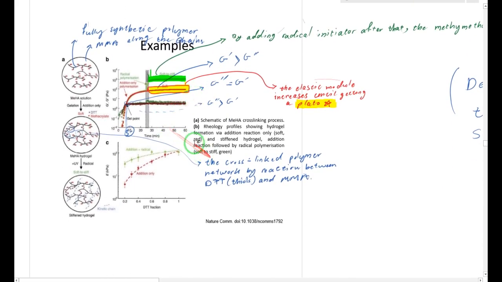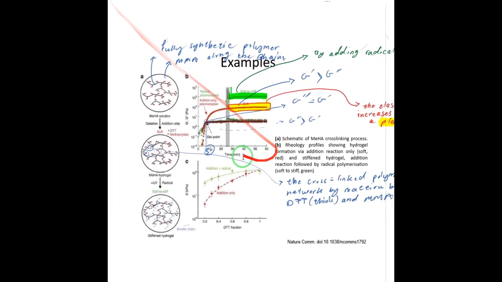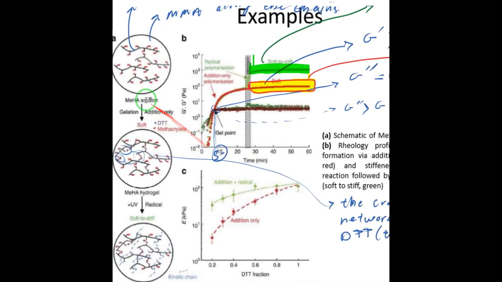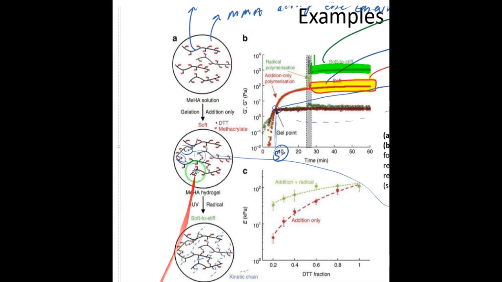Well, for this slide I have to zoom a little bit so that you see all the details. Let's have a look at this part. We have the polymer chains, and these polymer chains have methacrylates.